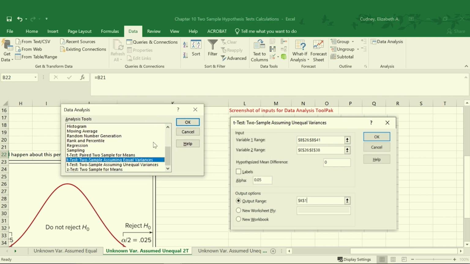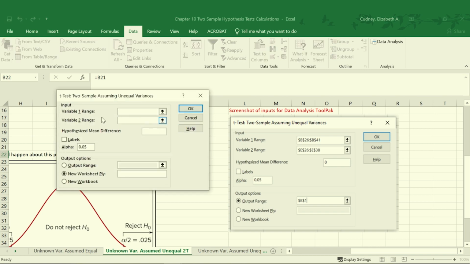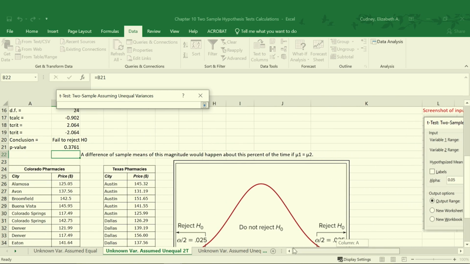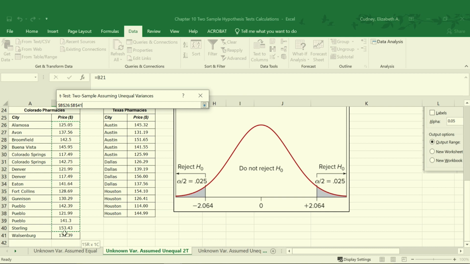We're going to select the t-test two-sample assuming unequal variances, and then OK. Our variable 1 range, we will select B26 down through B41.